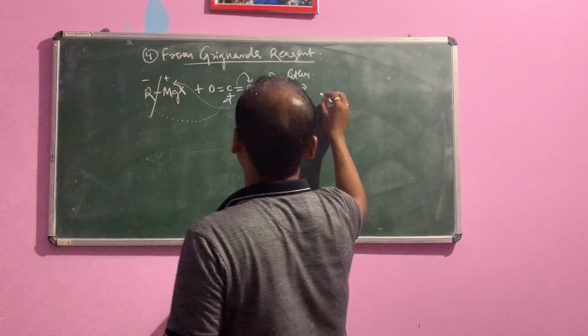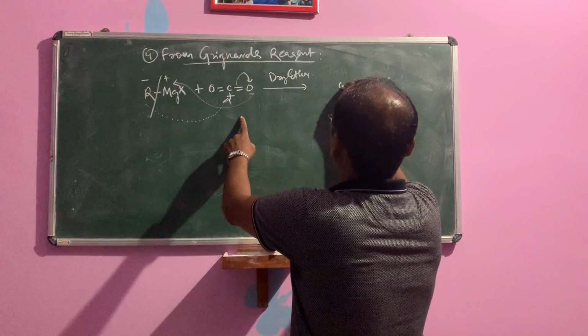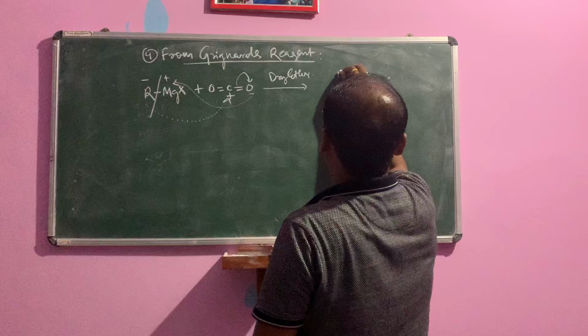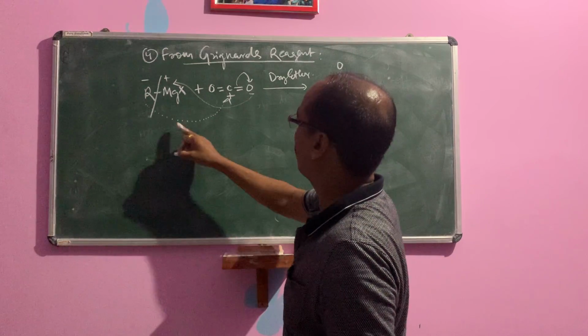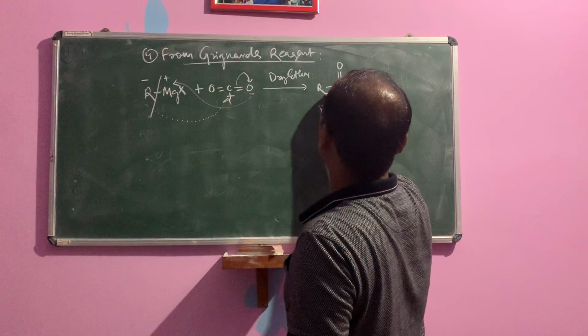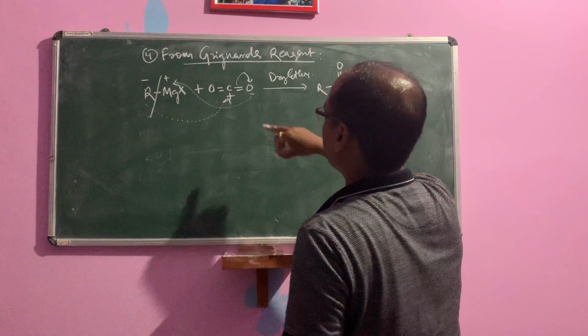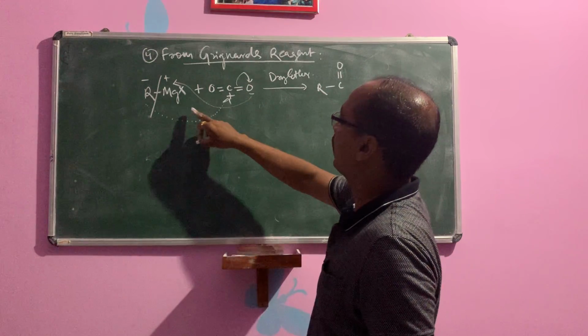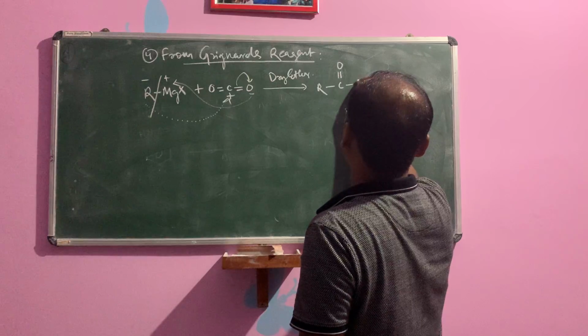So what will the product be? C=O, R, OMgX.